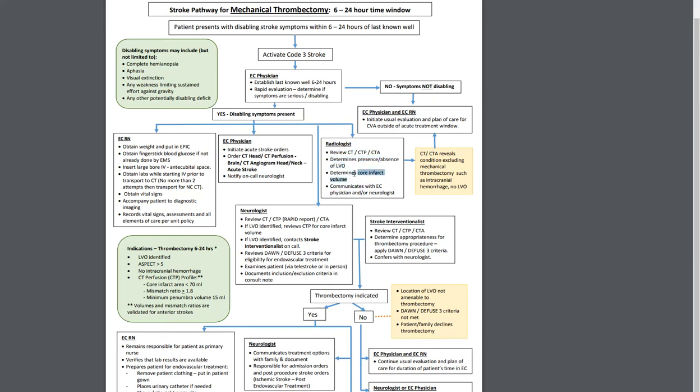Infarct core will be generated by the Rapid software, which is under 70 milliliter right now is our cutoff, with the understanding that we're pushing it out to maybe 100 or more, because right now our current criteria is so stringent that clearly we're excluding a lot of people that could have benefited.